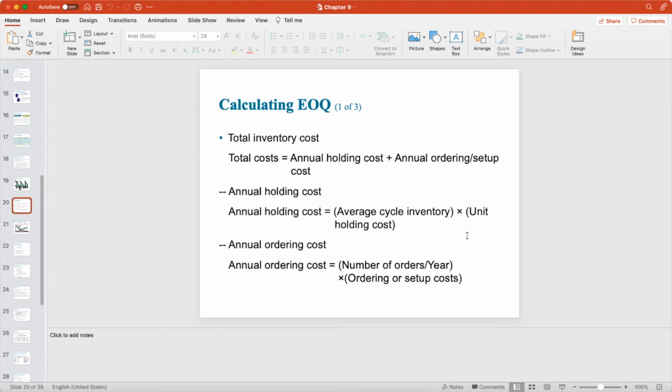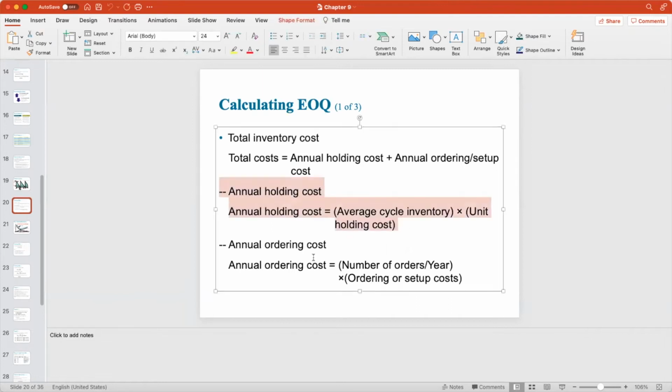After we get a sense of how much inventory is on average within our warehouse, and if we also know how much we need to pay to hold each unit, then multiplying these two gives us the annual inventory holding cost for the average inventory within our warehouse. That's actually very intuitive.